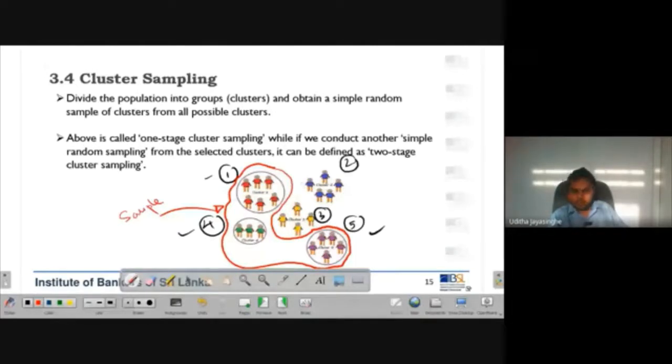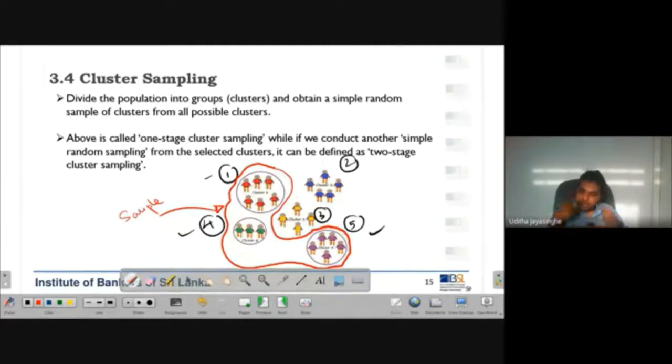This above is called a one-stage cluster sampling. While if we conduct another simple random sampling from the selected clusters, it can be defined as a 2-stage cluster sample. Now, what is that? I told you at the beginning that the simple random and the systematic can be combined with other sampling methodologies, right? So here you select the entire cluster, but from cluster 1, cluster 4, and cluster 5, you try to select maybe 2 elements from each.